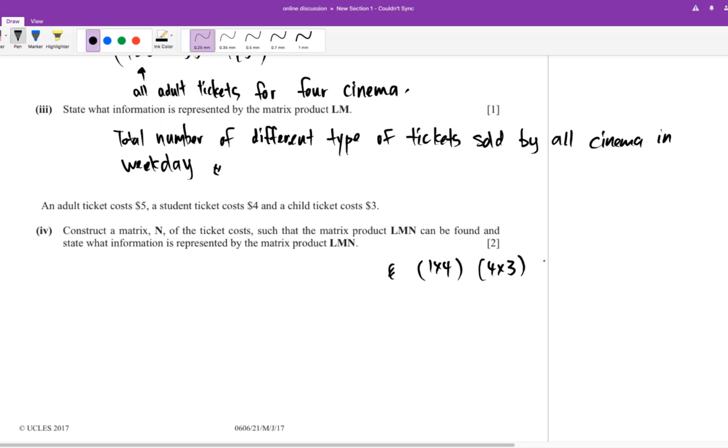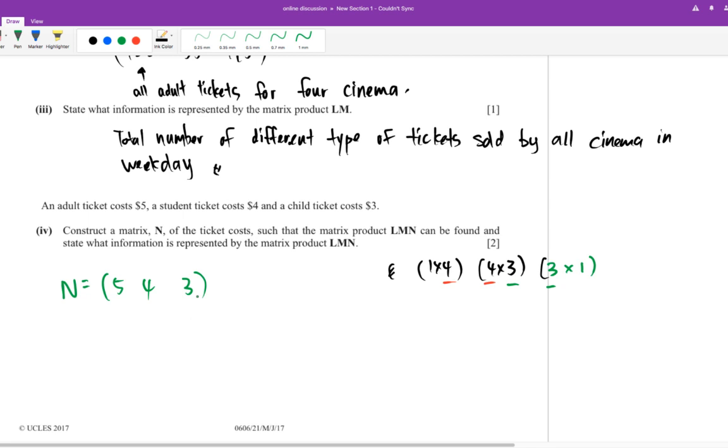So the last one should start with 3, because in the matrix the middle number must be the same. Because I have 3 prices here, I guess this is a 3 times 1 matrix. So I know that matrix N should be 5, 4, 3.